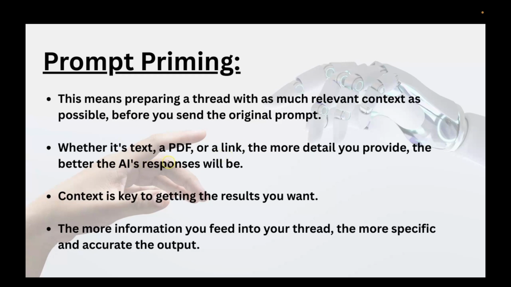You can send a text, a PDF, a link, and the more detail you provide, the better the AI's response will be. So context is key to getting the results you want. We have already seen that. We sent a lot of context in the previous lecture, and we saw how much better it makes the output. The more information you feed into the thread, the more specific and accurate the output will be.